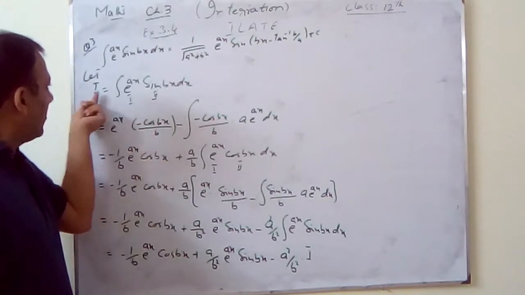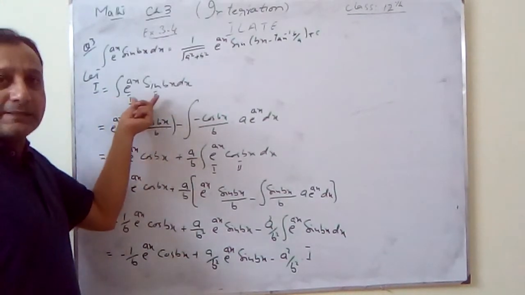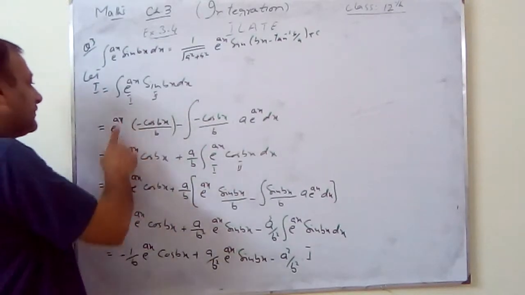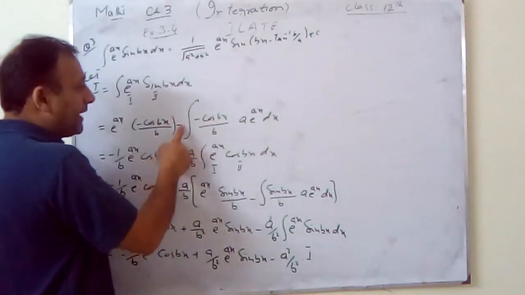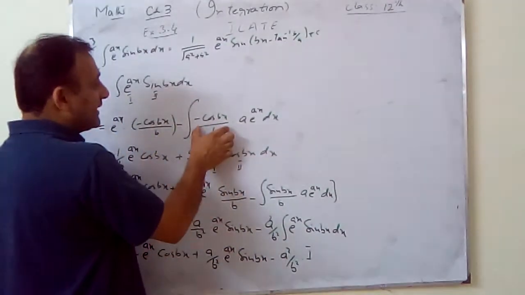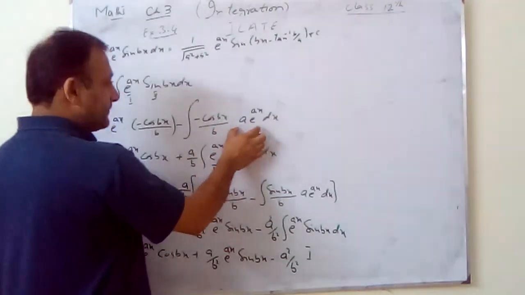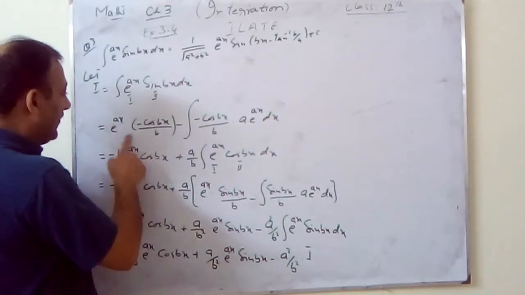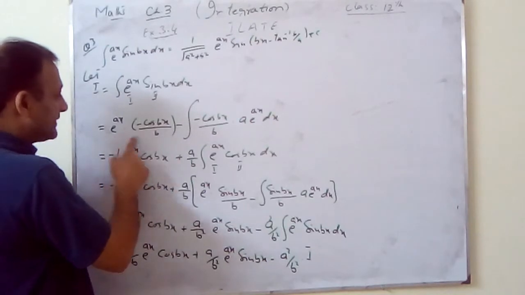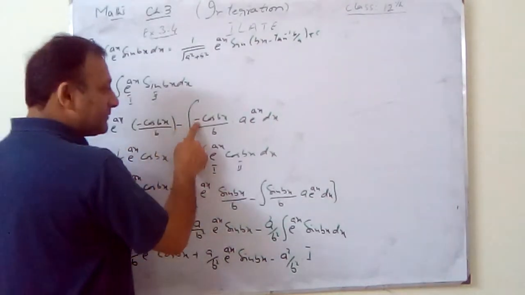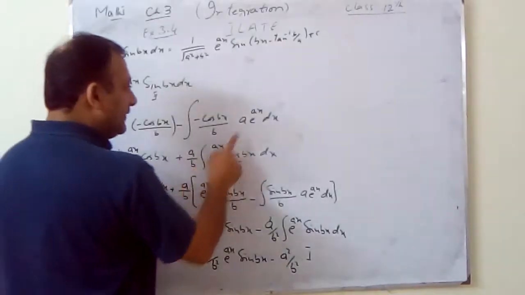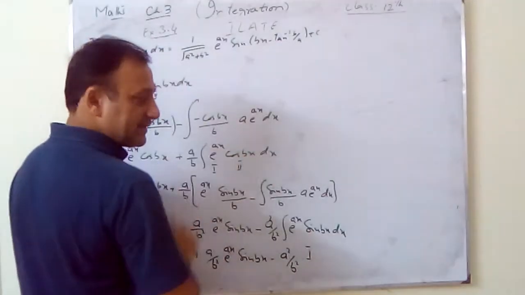I tell you again, I is equal to the integral of e power ax sin bx. This is the first function: integral of second minus integral of second times derivative of first. So we have minus 1 over b e power ax cos bx plus a over b times the integral of e power ax cos bx.